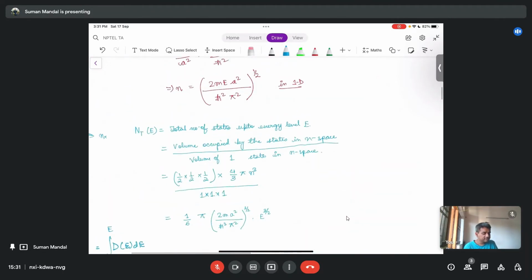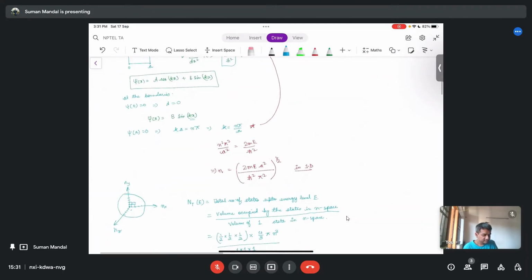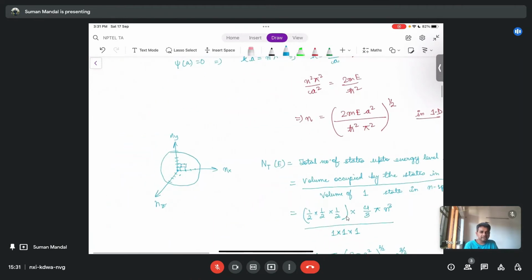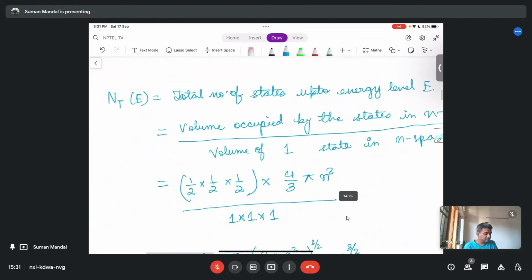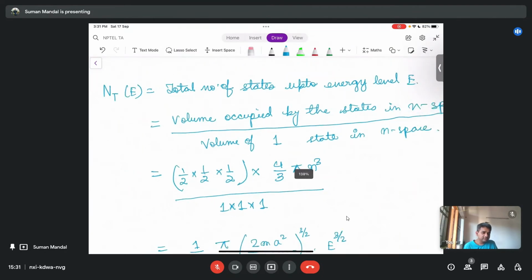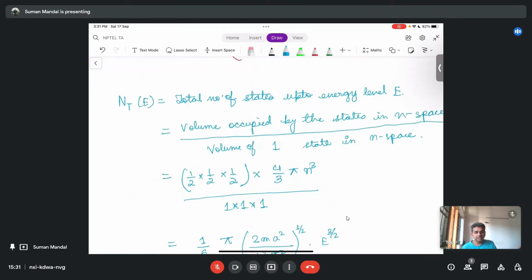For example, we took it as a sphere, 4 by 3 pi r cube. If you would have taken it as a cube, then it would have been simply n cube, and so this factor will change. Depending on what geometry you take, this value will change.